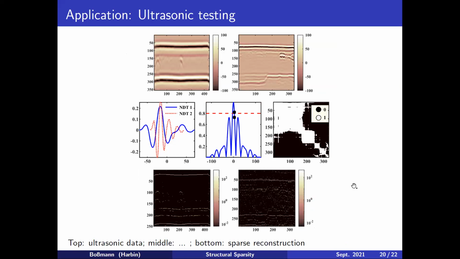In the next cases, we were looking at some applications. Here I show you the one for ultrasonic data that we have seen in the beginning of the talk. We have 2 ultrasonic measurements here, where you see some structures. The normal model for these ultrasonic measurements is that it is some sparse structure convolved with an ultrasonic impulse.